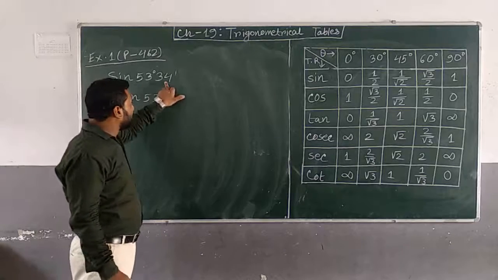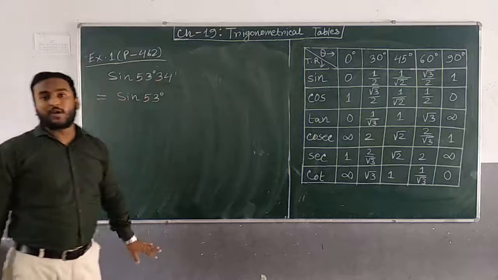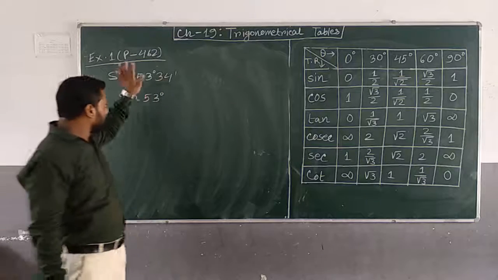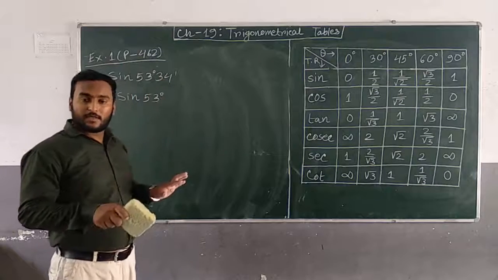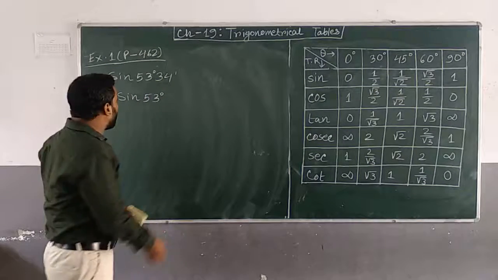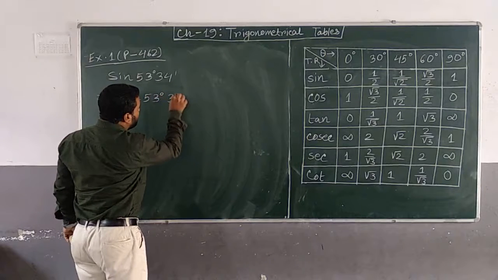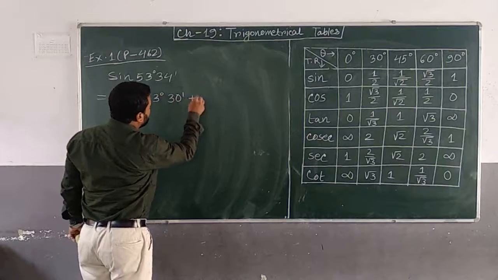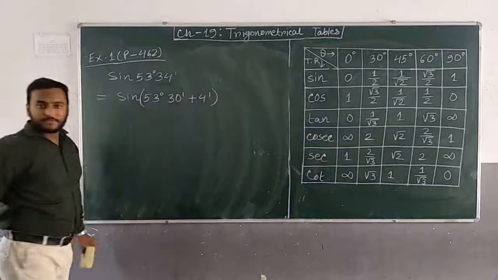So all these will be multiples of 6, but 34 is not a multiple of 6. So you have to write 34 in the form of a multiple of 6 plus something. So how can we write 34? That can be written as 30 minutes plus 4 minutes. We can write that.